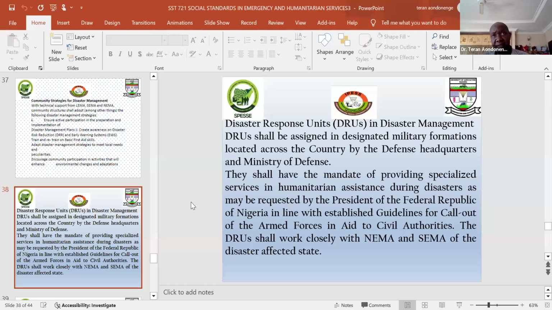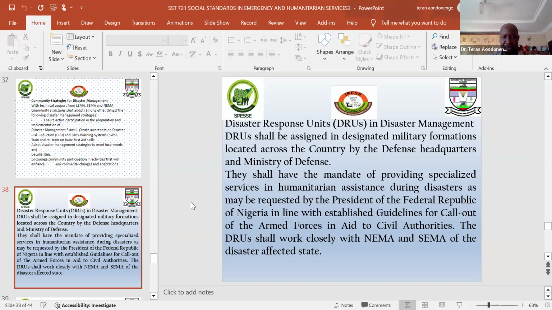Those military, with what we call the combined task force, are referred to as the disaster risk response unit. What do they do? The defense, headed by the Ministry of Defense, shall have a mandate of providing services in humanitarian assistance during disasters that may be requested by the President of the Federal Republic of Nigeria.